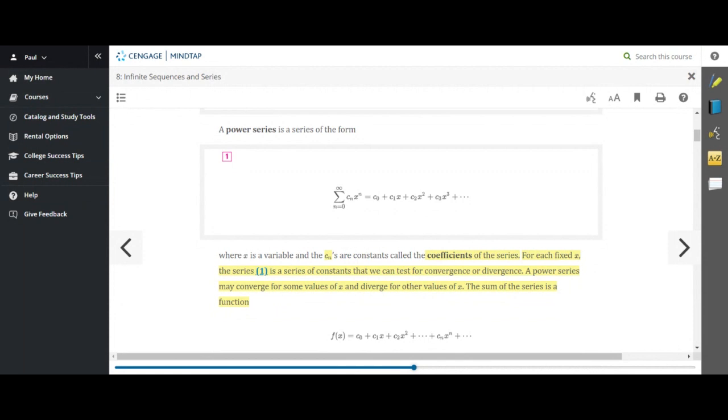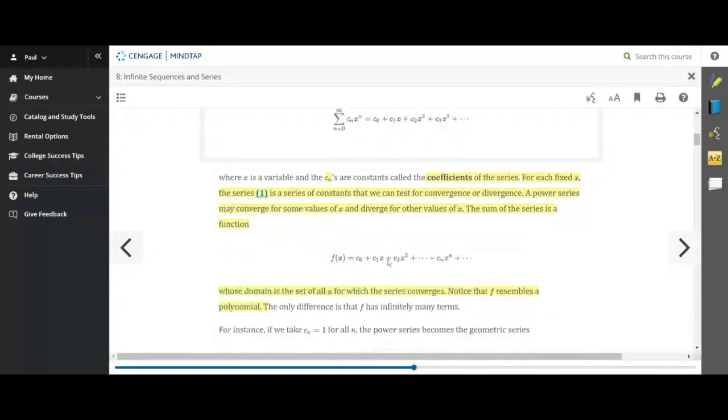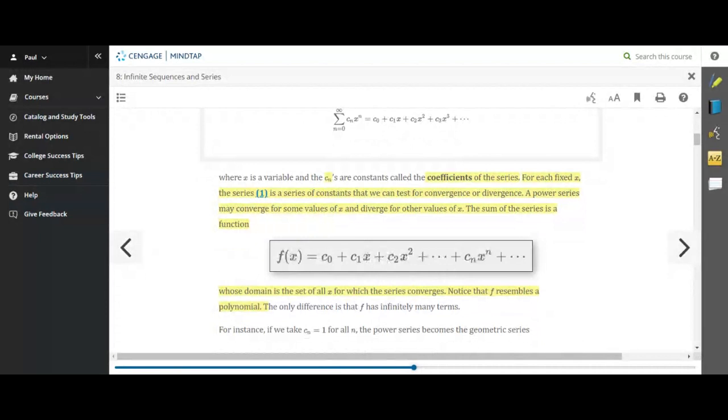If we were to write the terms of the series out, well, the sum of the series actually is itself a function. That's what they're showing in this line here. I mean, the power series can be expressed as a function, believe it or not.